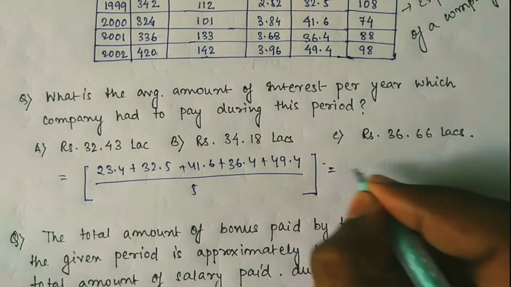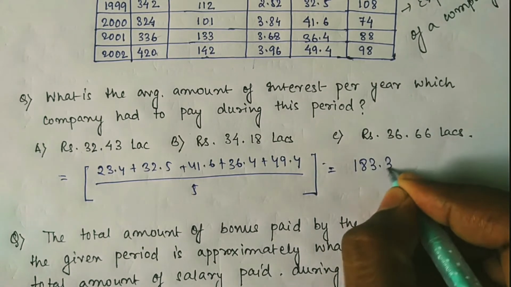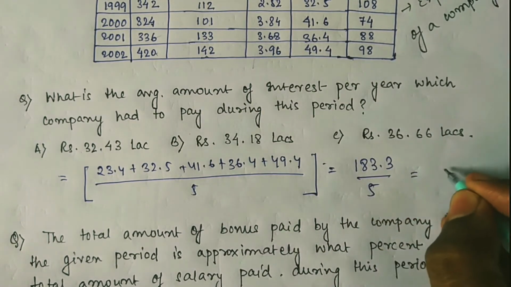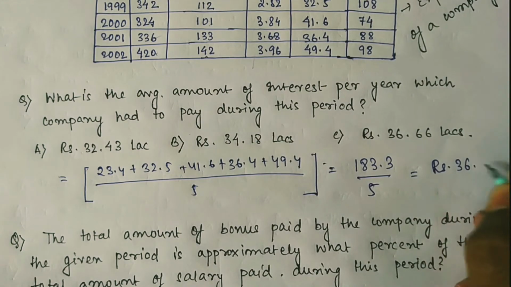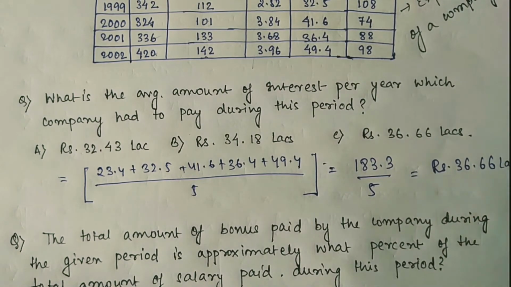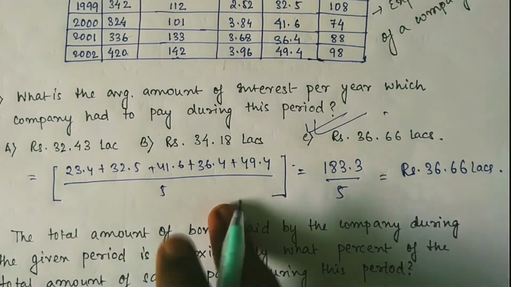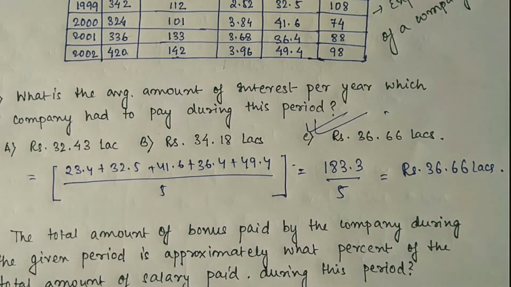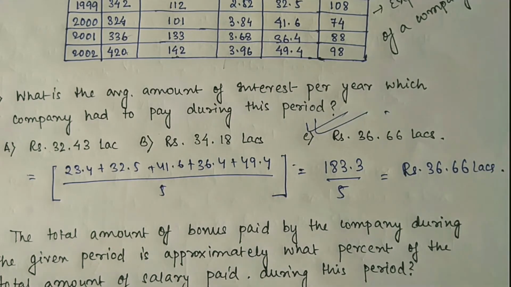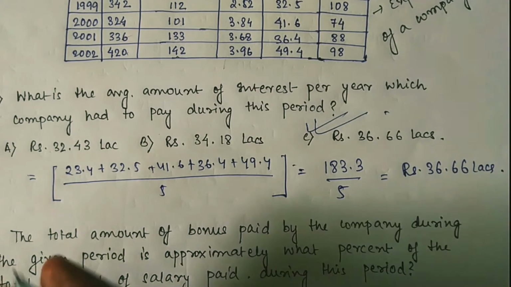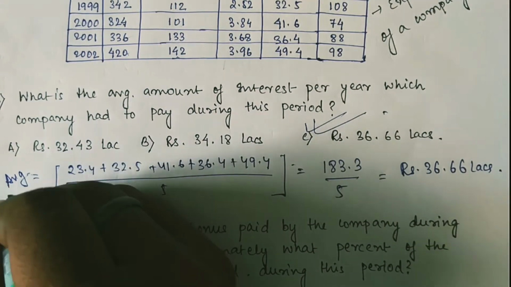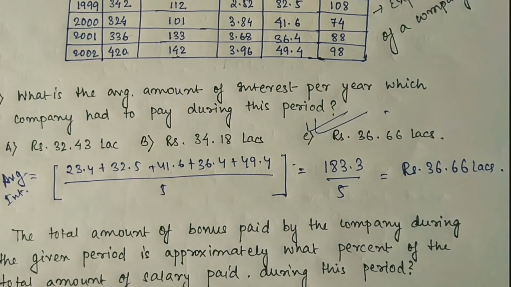So it comes to 183.3 divided by 5, which comes to rupees 36.66 lakhs. So rupees 36.66 lakhs of average interest per year has to be paid within this period by the company. This was a very easy question. You just have to find the average interest.